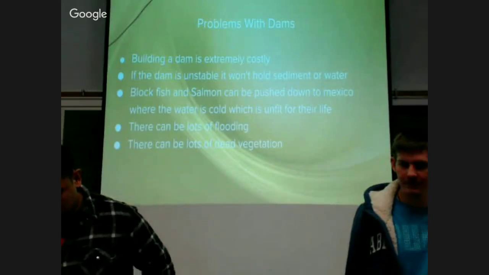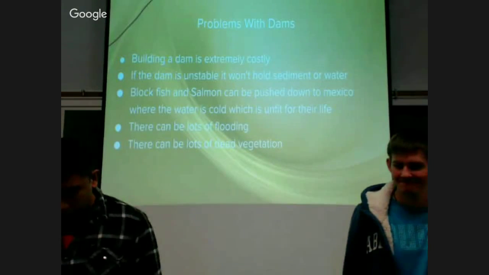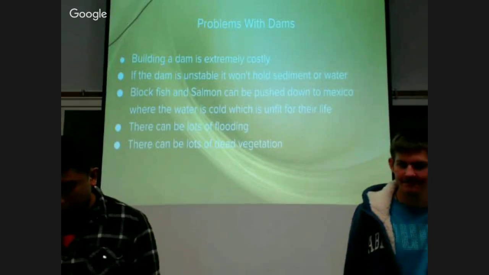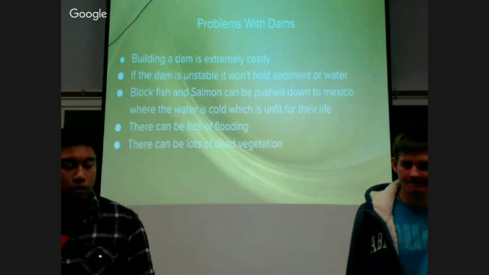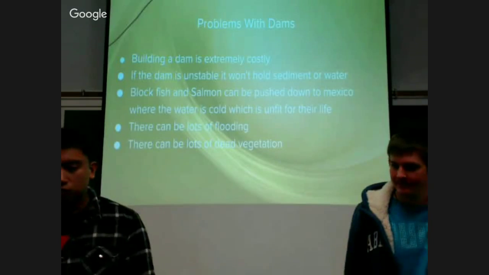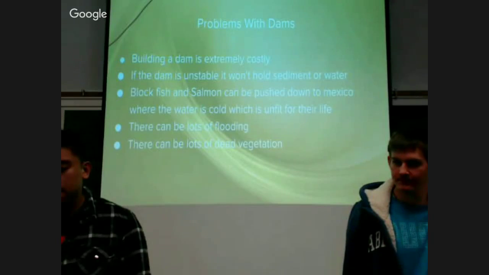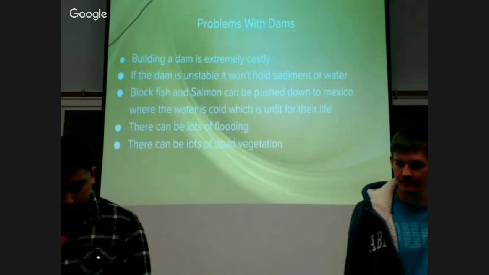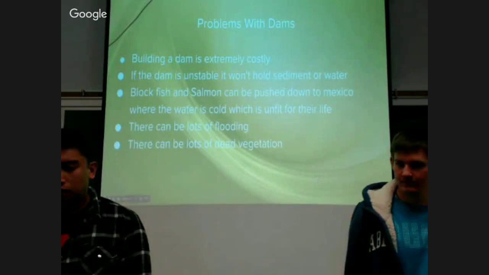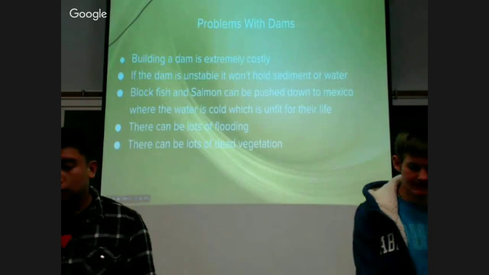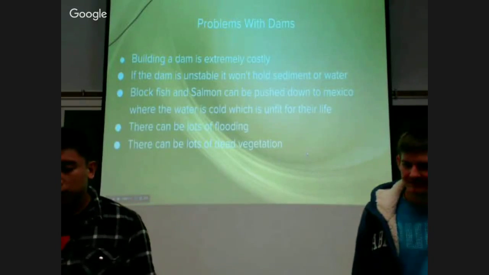Sea life can be going to the Gulf of Mexico where the water is unfit for their bodies because the water is a bit too cold, where fish like blackfish or salmon could not live in that environment. And it could increase flooding, and there could be a lot of dead vegetation because of the flooding.